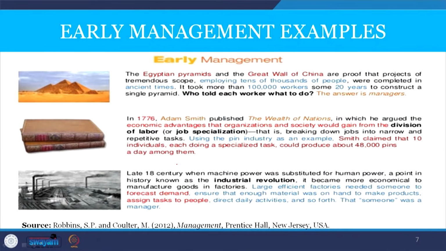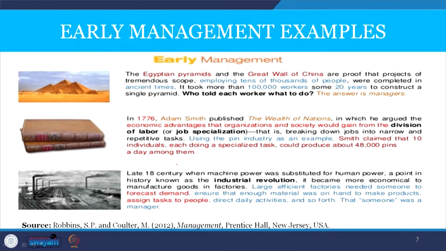We all know that the great monuments are testimony to the fact that they are still standing, though they were built several years ago. They used a large number of resources in terms of land, capital, labor and number of years to construct those monuments.